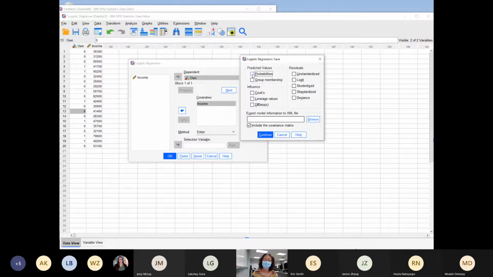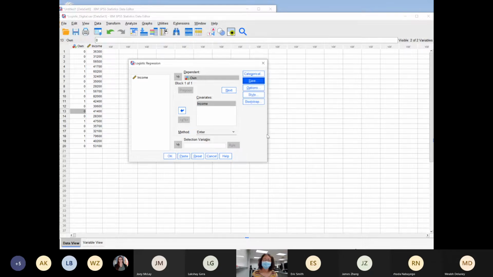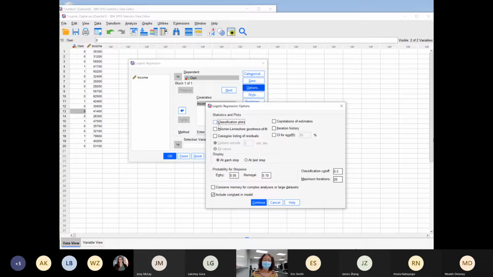We want to save probability. We want to save membership. And click continue. Under the options, we want to create classification plots.